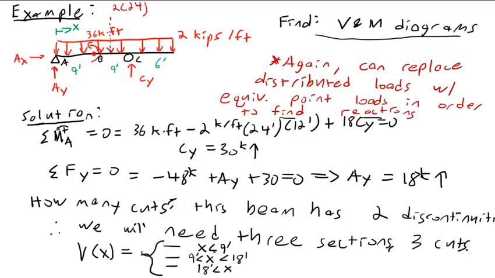That's what I mean by discontinuities and sections. Ideally, it should be the same, although if you have a point load, it can sometimes cause a jump in the shear. But I wouldn't be concerned too much about the discontinuous point. Okay.